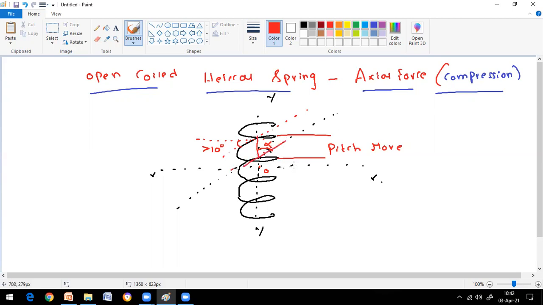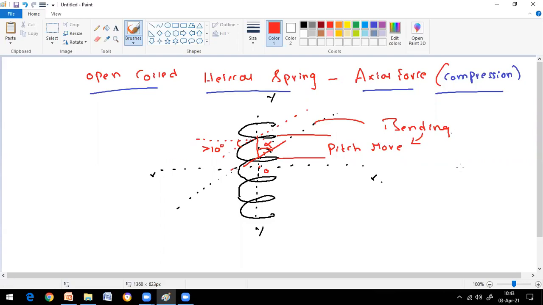And the bending couple: open coiled helical springs are subjected to bending, because as they have more pitch distance, the bending couple cannot be considered negligible in comparison with the torsional couple.